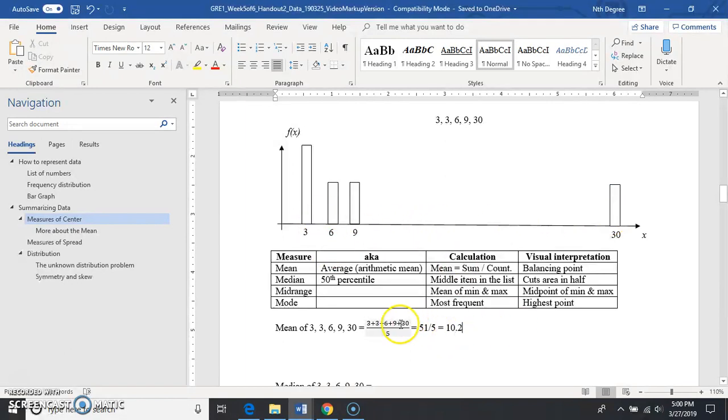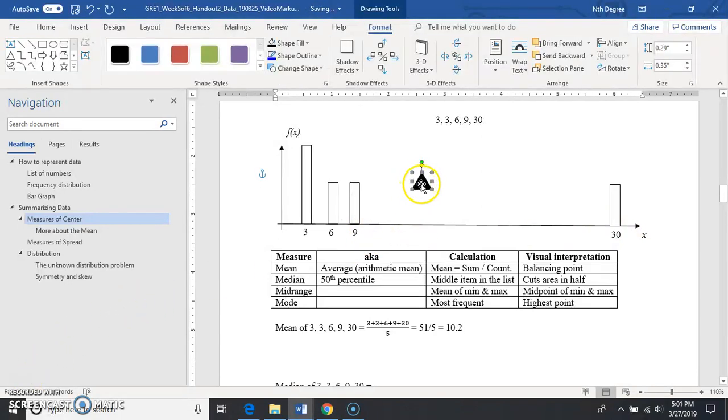Now visually, again, the mean means balancing point. If you can visualize that all of this is like a lever and you need to put a balance point on it, a fulcrum, where would we put that fulcrum in order to balance the lever? You would put it at 10.2.